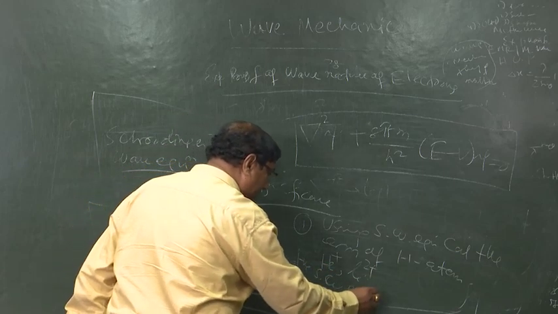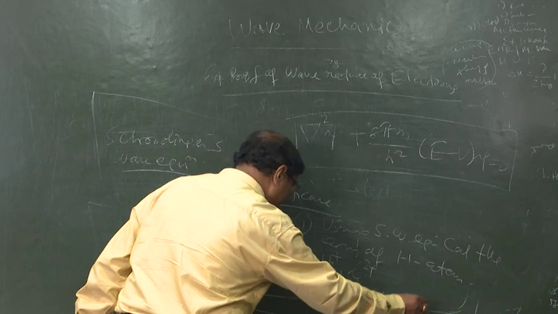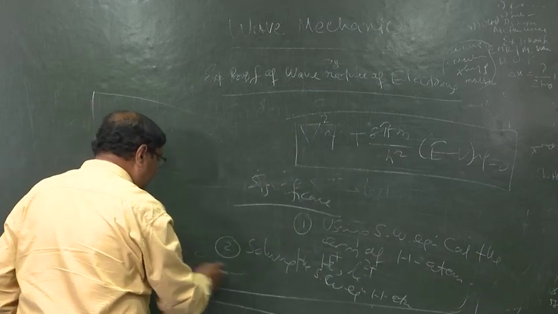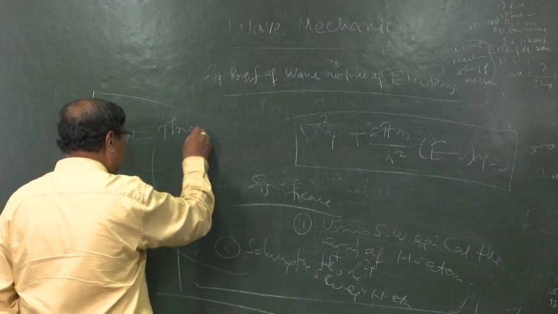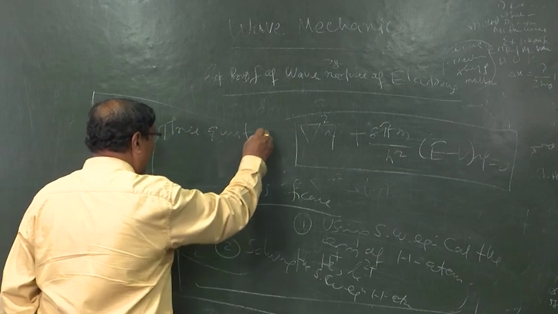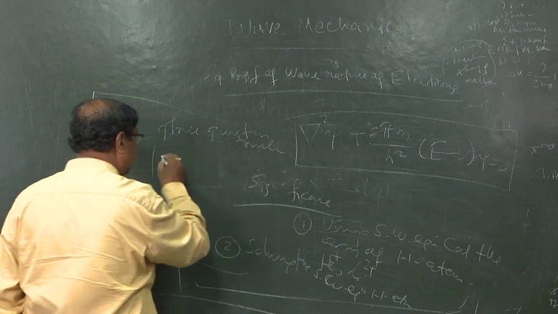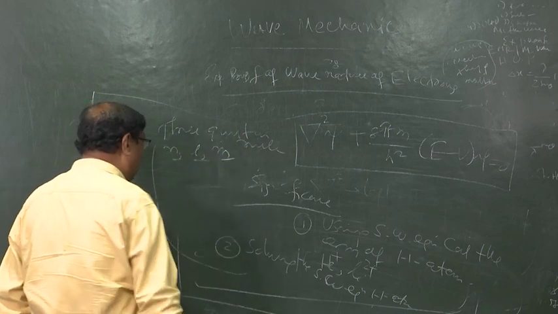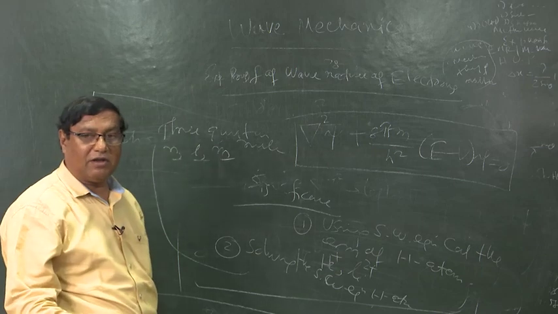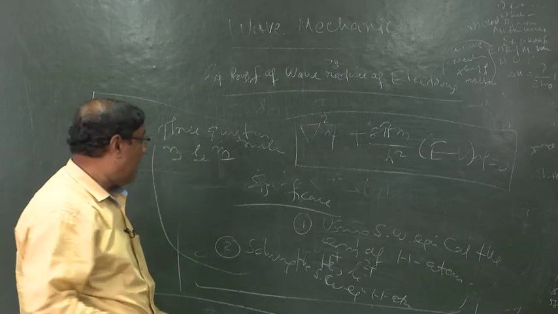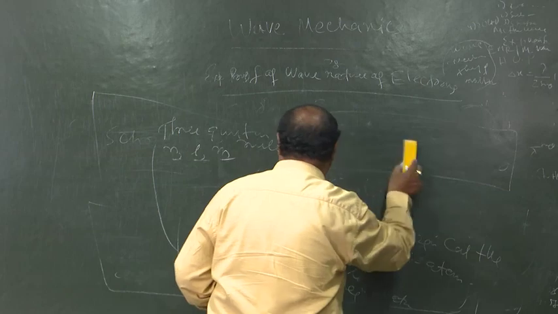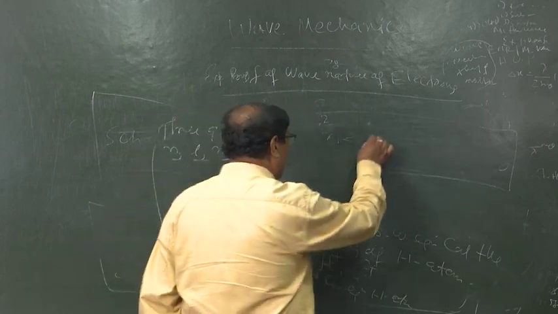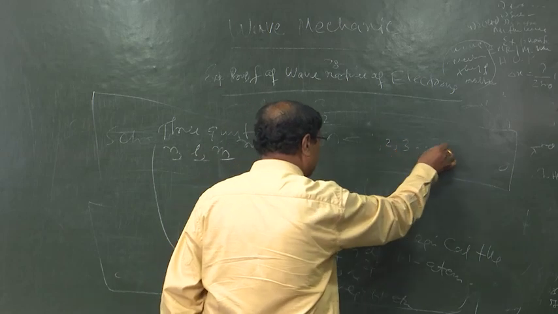Second, by solving the Schrodinger wave equation for the hydrogen atom, we can find out the three quantum numbers, that is n, l and m: the principal quantum number, azimuthal quantum number and magnetic quantum number. And they have restricted values. That means n will not take 0, n will take 1, 2, 3 like this.